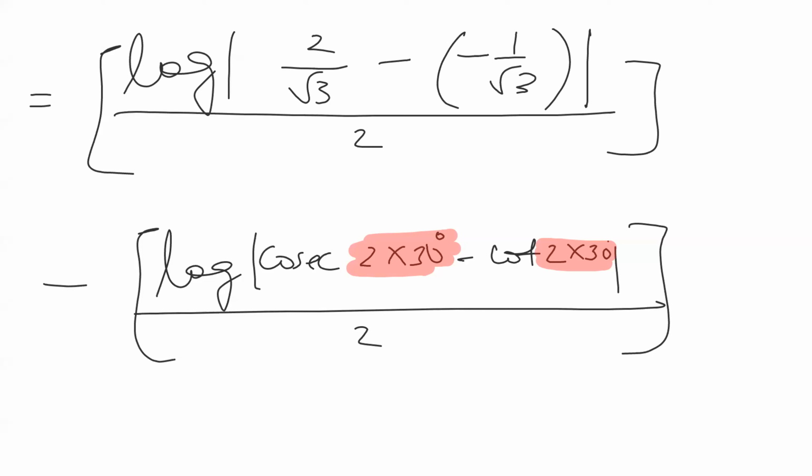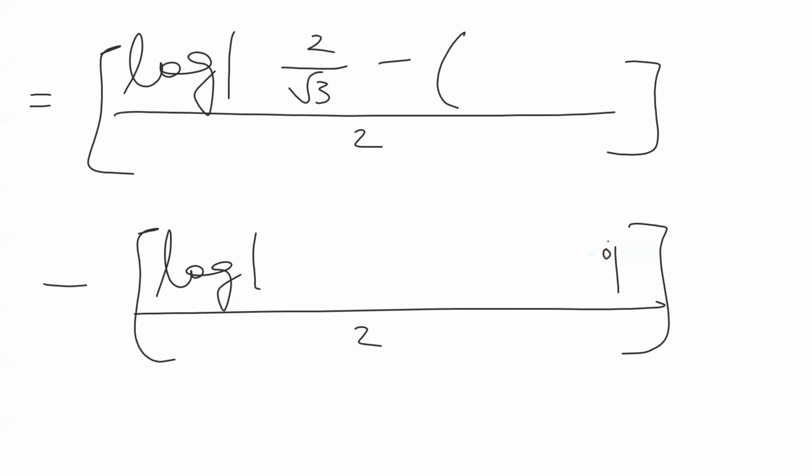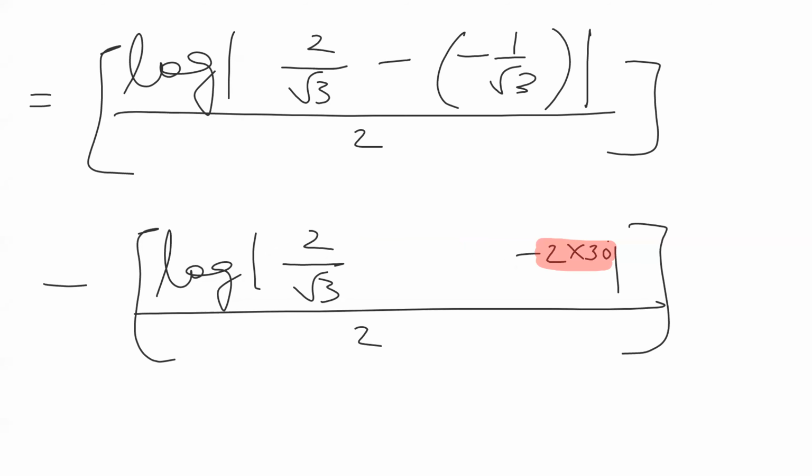Then I'll complete the modulus. Now the next value is cosec 60. Cosec 60 is a standard angle. It is 1 upon sine 60. So sine 60 is root 3 by 2. So cosec 60 will be 2 by root 3 minus cot 60.